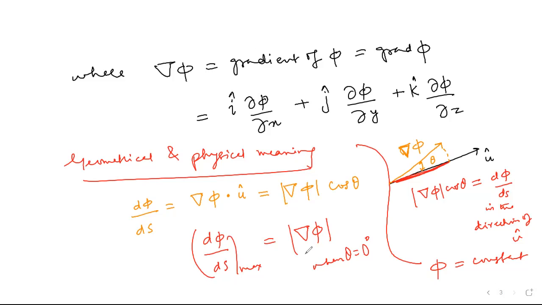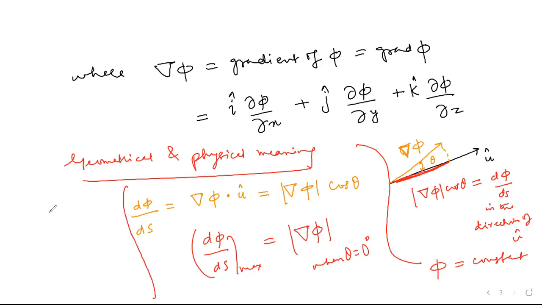That means if I move in the direction of the gradient itself, if my unit vector is in the direction of the gradient, I will have the maximum value of directional derivative.